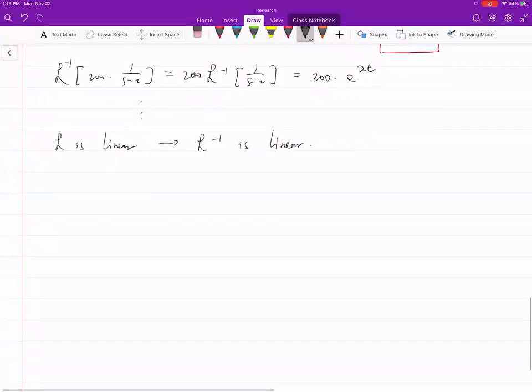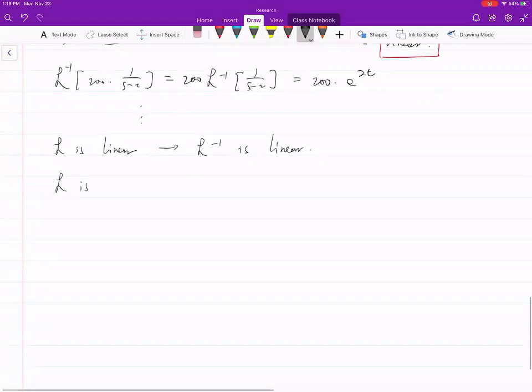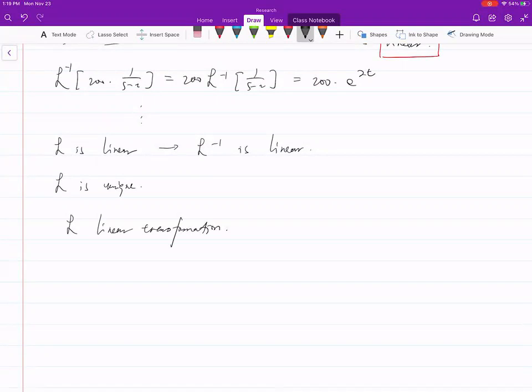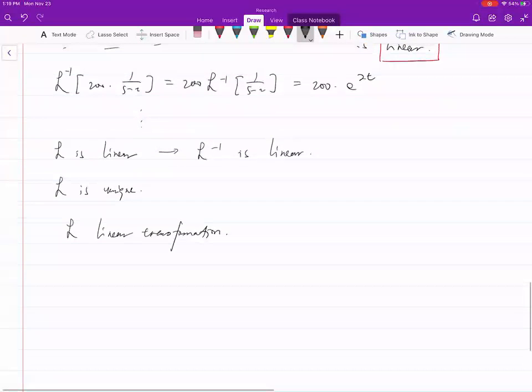For sure. And also if L is unique, think about it, L is a linear operator, or let's call it a linear transformation. What property do you have for a linear transformation?